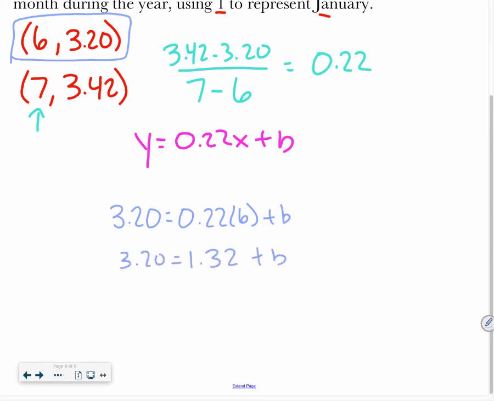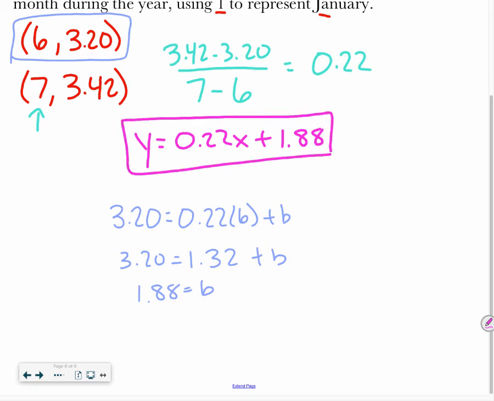And if I subtract 1.32 from each side, I'm left with 1.88 equals b. So that must have been the starting price back before the year. So I replace b with 1.88. And that is my equation.